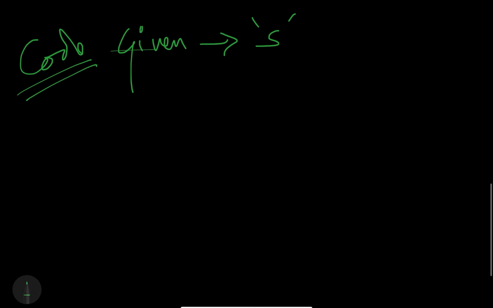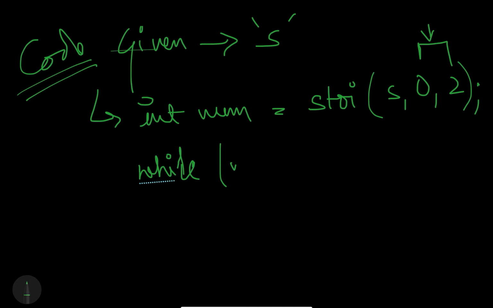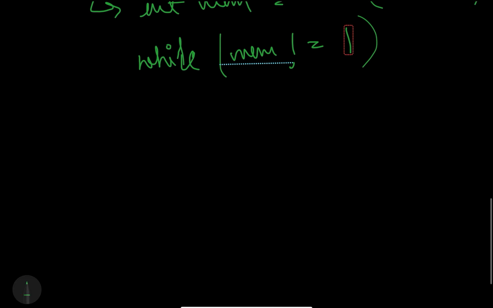Okay, so we have been given a binary string, suppose s. First we'll convert it into an integer using the int function, and we'll specify base 2, which suggests that this string contains a binary number. Then we can run a while loop until our num becomes 1.